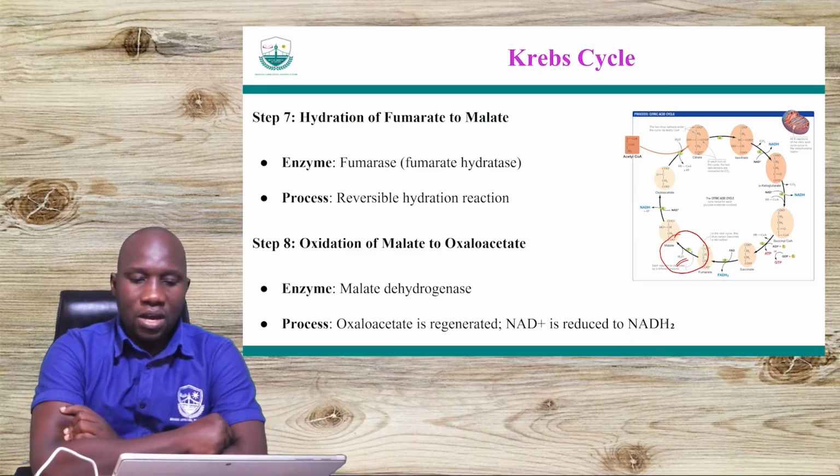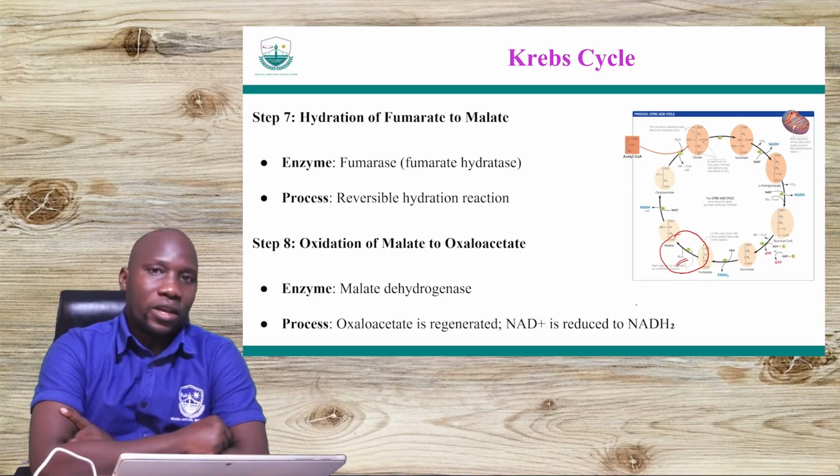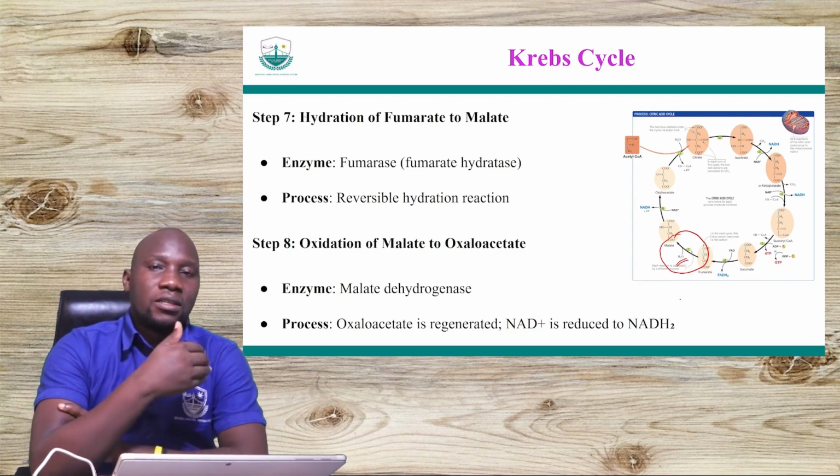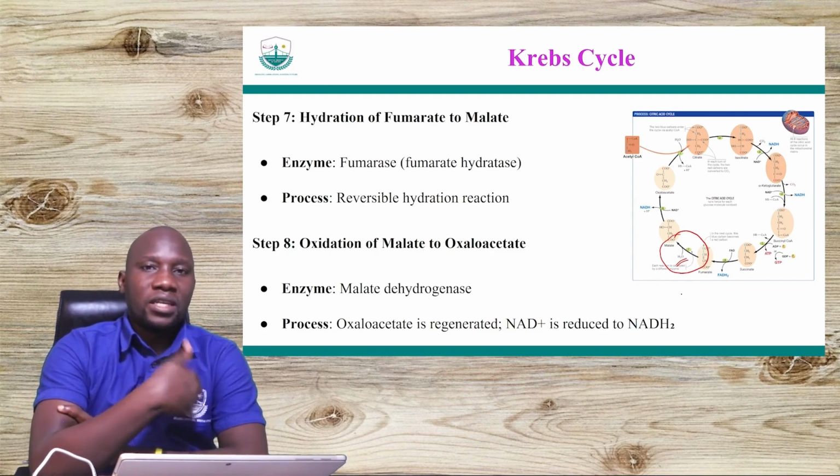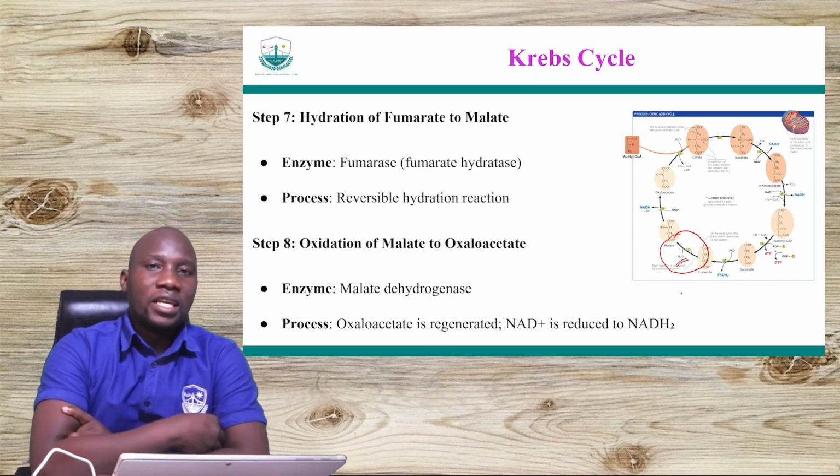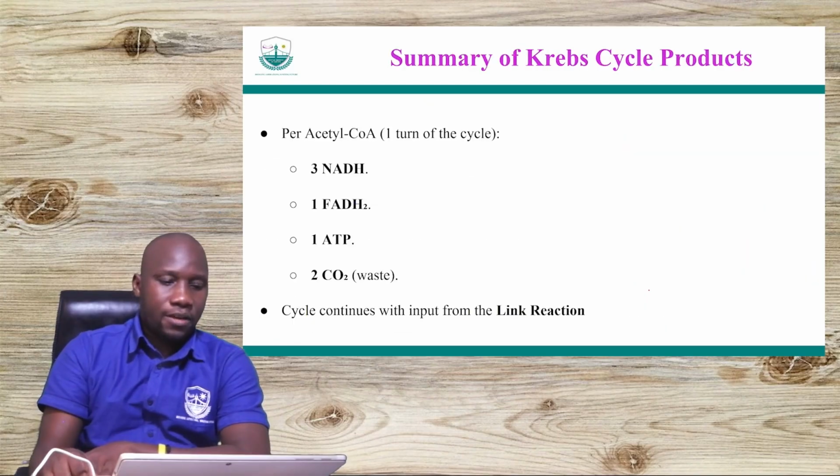So now we can say that we are actually having the oxaloacetate that we started with. So this is where we are saying that this Krebs cycle regenerates the intermediates. That's quite important there.